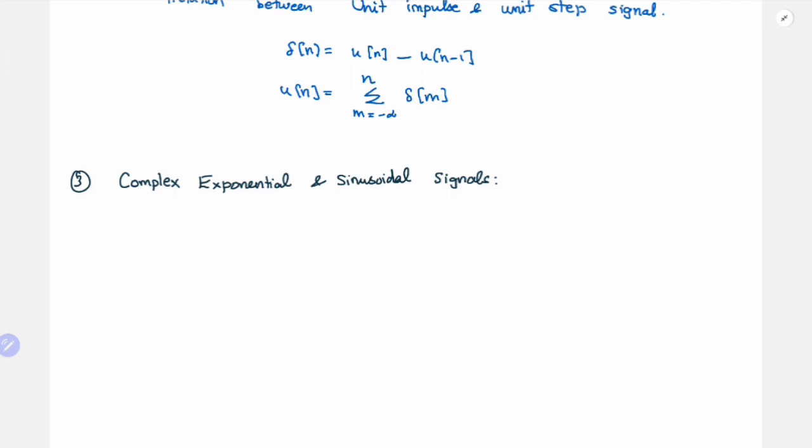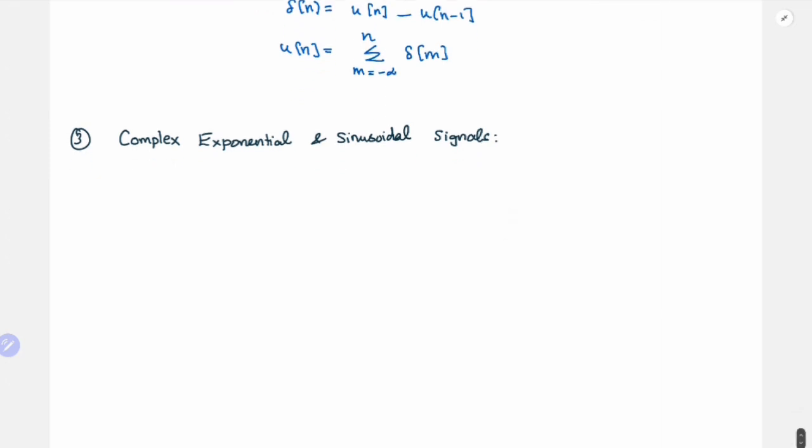And here one of the properties is slightly different from the continuous time signal, which I'll let you know in a while. So your complex exponential and sinusoidal signal is given by x of n is equal to c alpha power n. So your c and alpha are complex numbers.